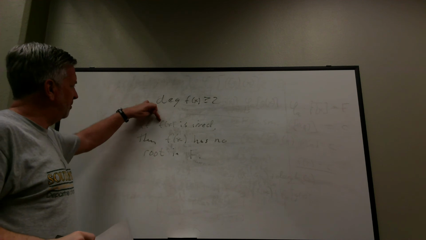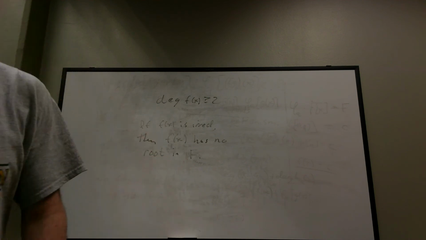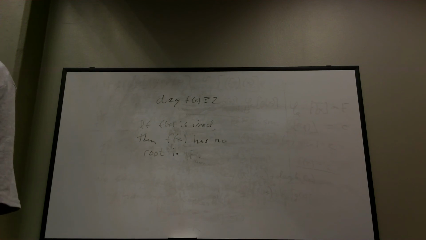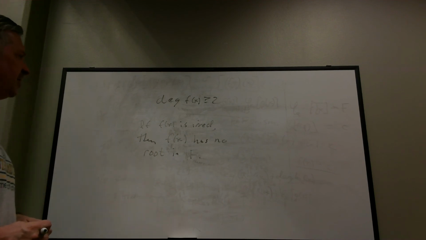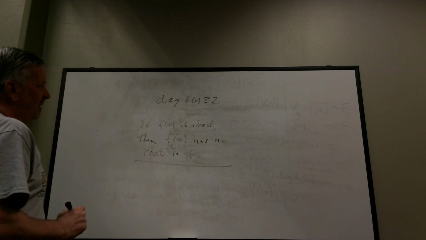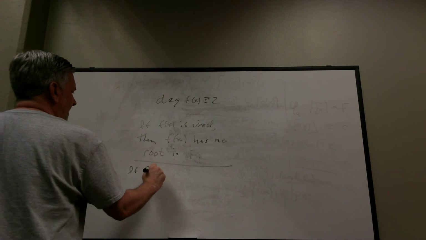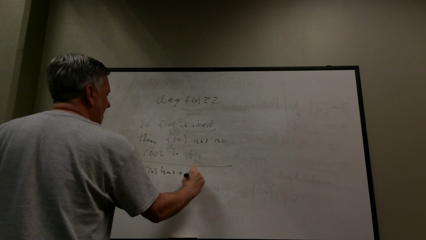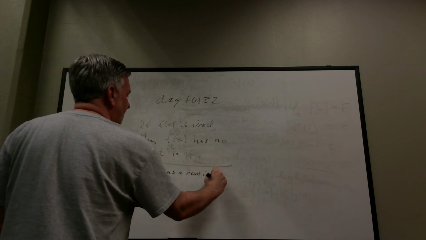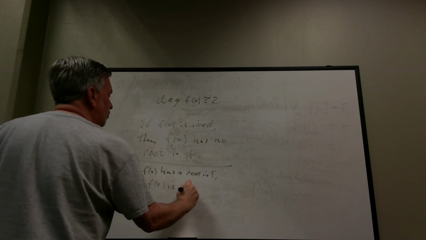So if f is irreducible, it won't have a root in F. Now, the way that's written isn't really the way we use this result. And we usually use the contrapositive for this. So if you write this as a contrapositive, if f has a root in F, then f is reducible.